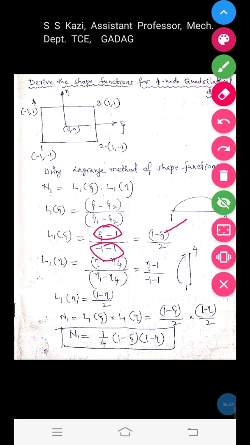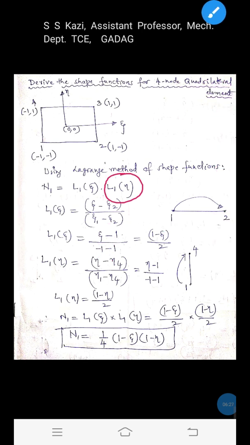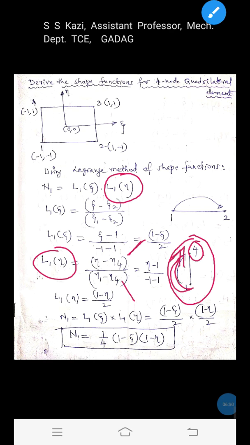Okay, now we will find L1 of neta. L1 of neta can be found in the neta direction along the direction of node 1. In the neta direction there is only one other node, that is node 4. Now we can write, by using the Lagrange function, (neta minus neta 4) divided by (neta 1 minus neta 4).